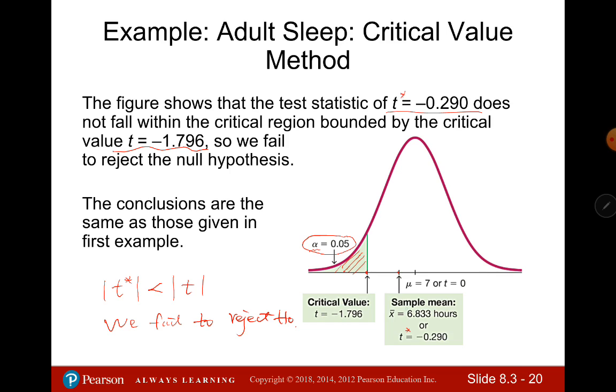You realize the test statistic is out of the rejection region. So out of the rejection region, we fail to reject. Or you could use my method: just compare the absolute values of these two t's. You realize the test statistic has the smaller absolute value, then we fail to reject the null. The same thing, we still fail to reject the null.